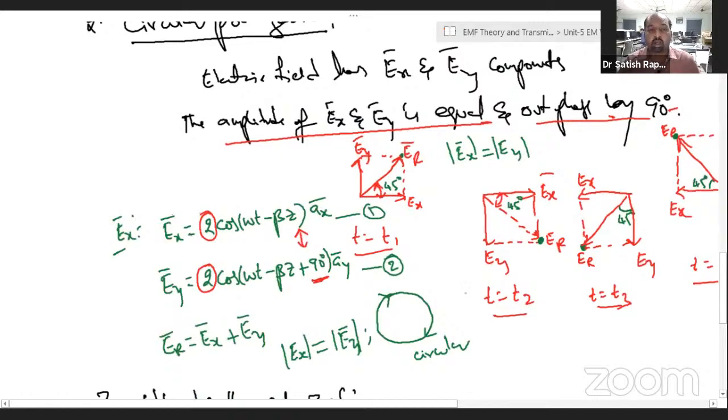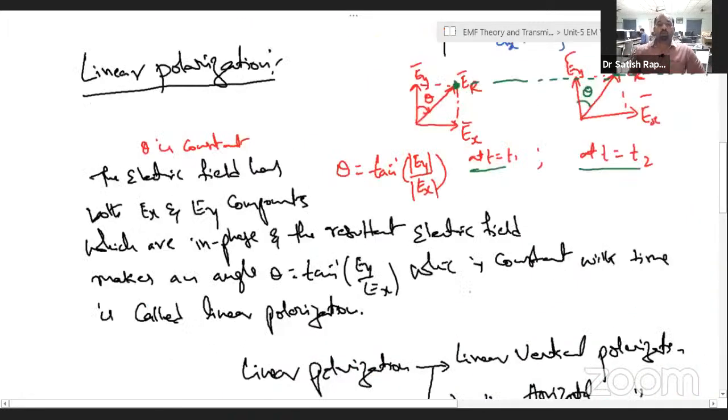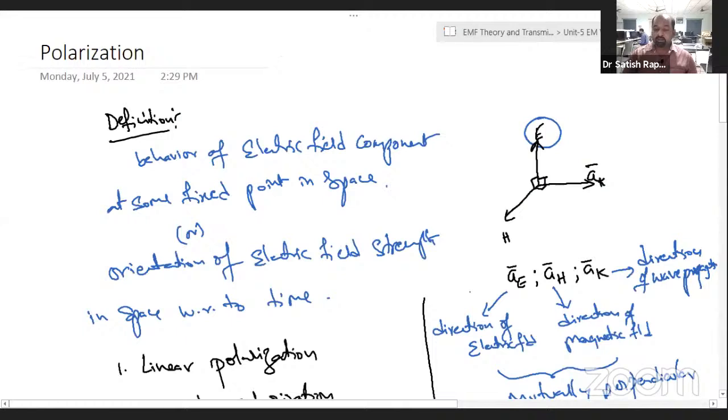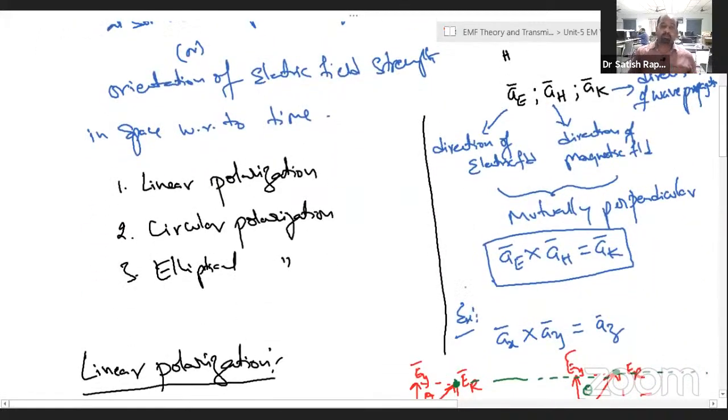So this is about polarization, right? Polarization is the orientation of the electric field in space with respect to time. In other words, how the electric field is changing in space with respect to time. Depending on how the electric field is moving, polarization is classified into three types: linear, circular, and elliptical polarization.